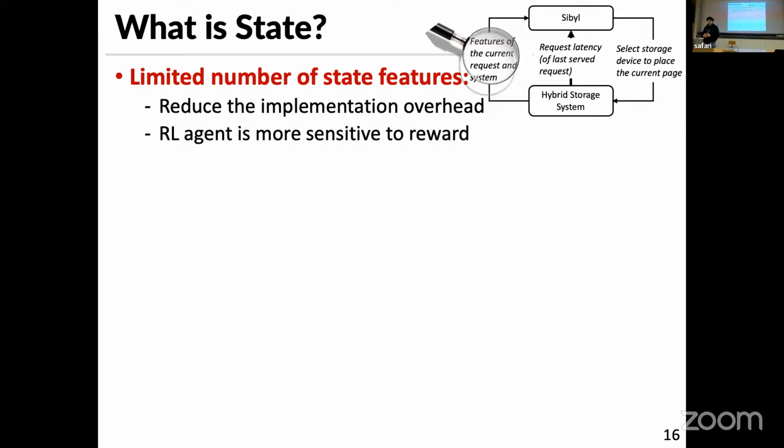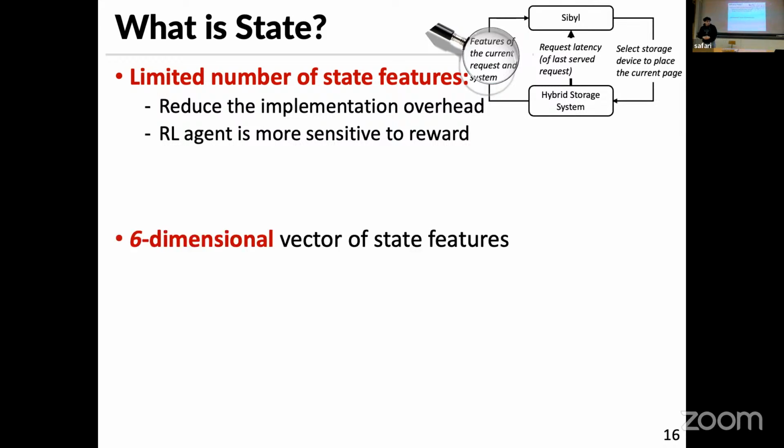We will also discuss that later. An RL agent happens to be more sensitive to reward, and it doesn't actually need such a huge state vector in order to still maximize its reward as best possible.